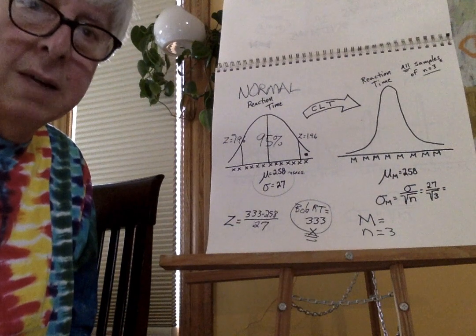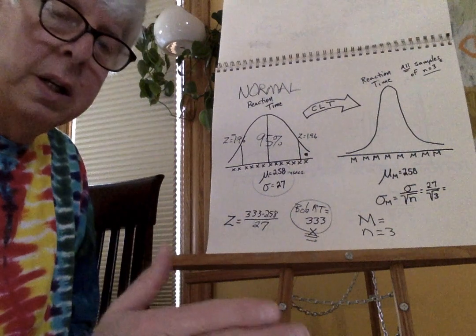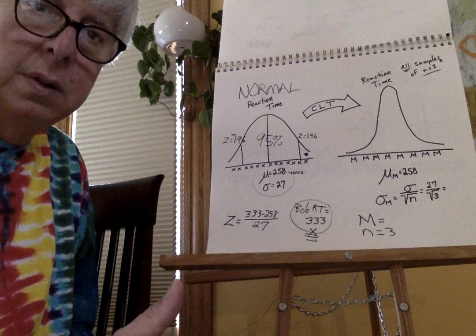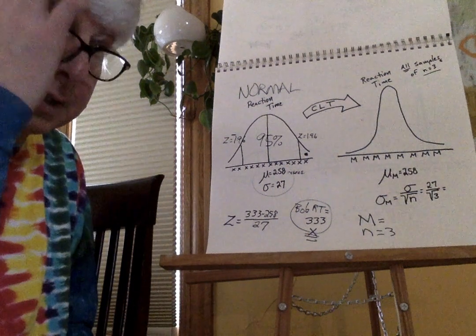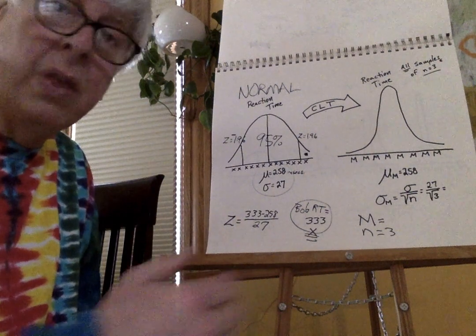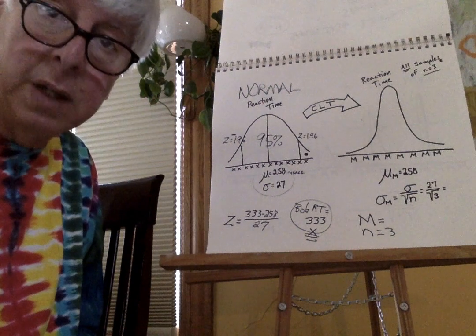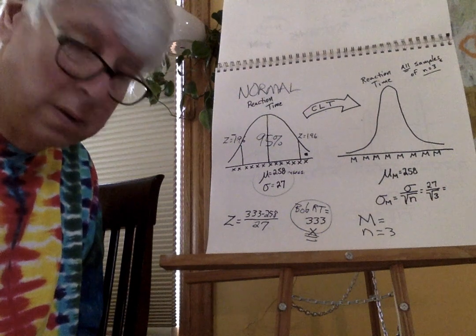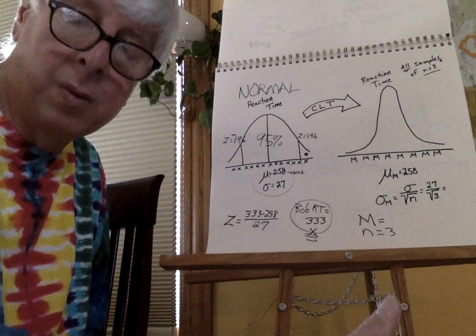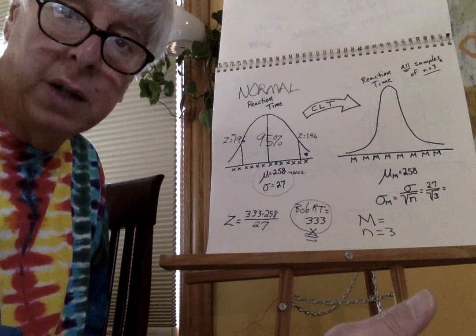I'm going to say this again, right? If I'm going to get an average for 3 trials for Bob, what I want to do then is compare that to what normal people look like when they have trials of 3. Bob's average for 3 compared to what normal people look like when I give them 3 trials.